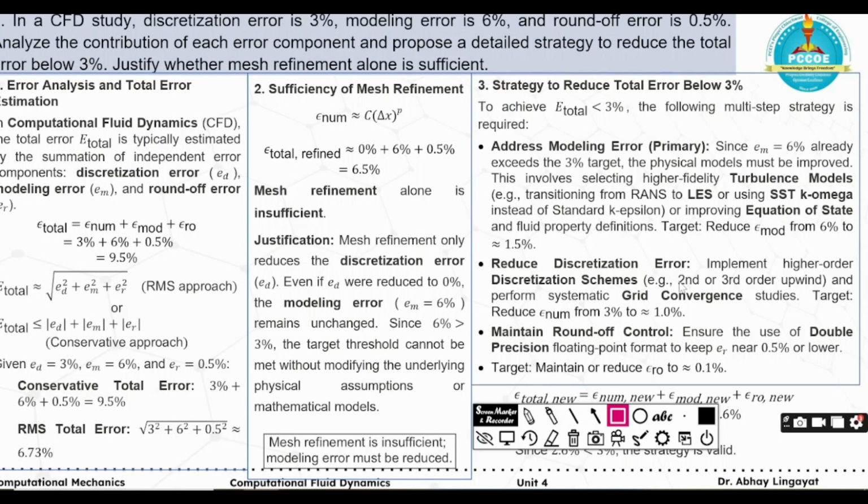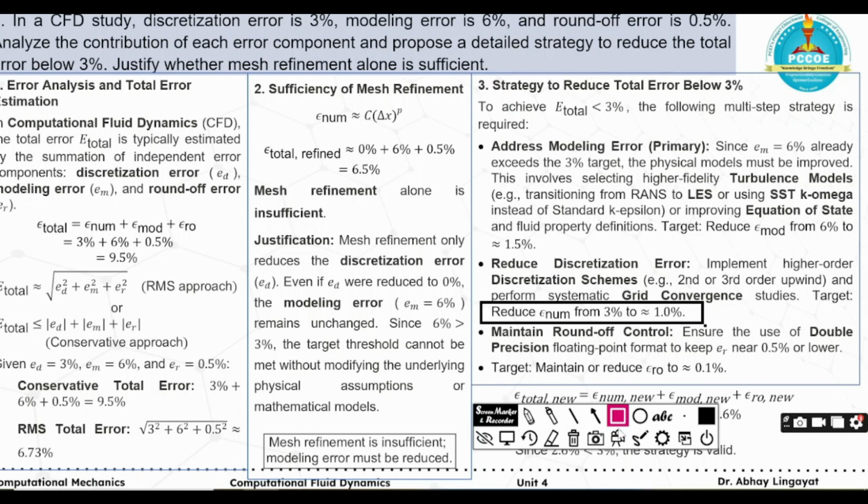We can increase the discretization scheme order, that is, move from the first order upwind scheme to the second order or QUICK scheme. We also perform systematic mesh refinement in the regions of higher gradient, where we are defining the boundary layers or wake. Then the target for this discretization error is 1%. That is, we can reduce from 3% to 1%.